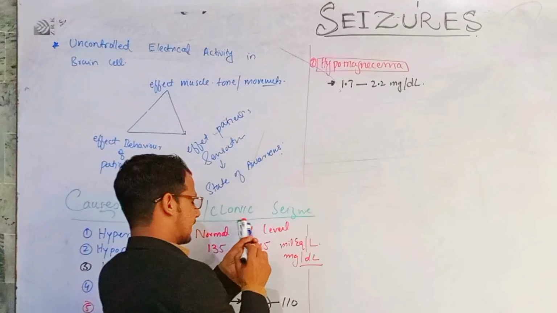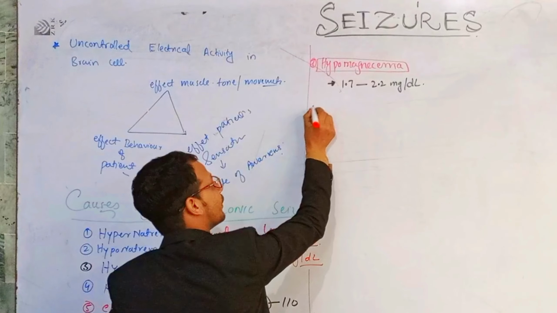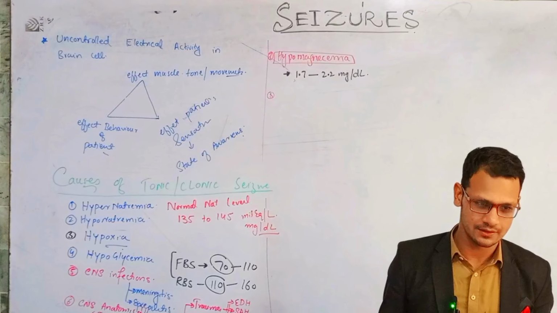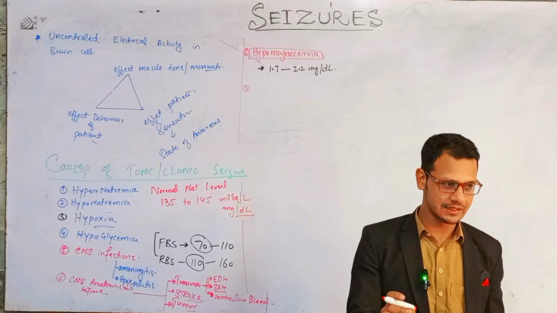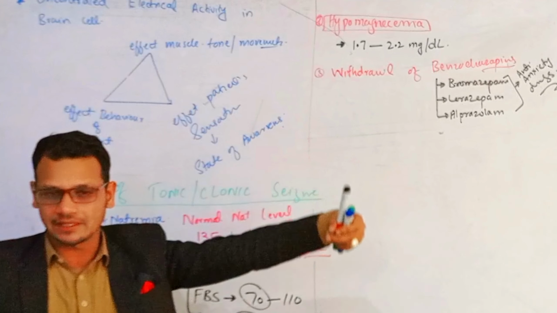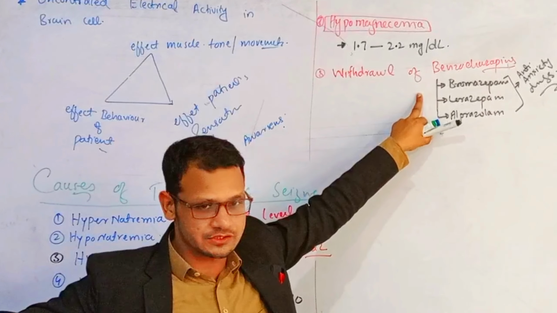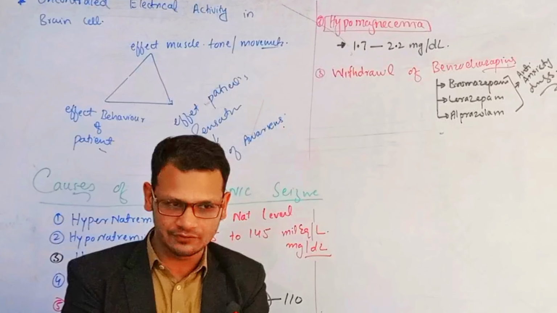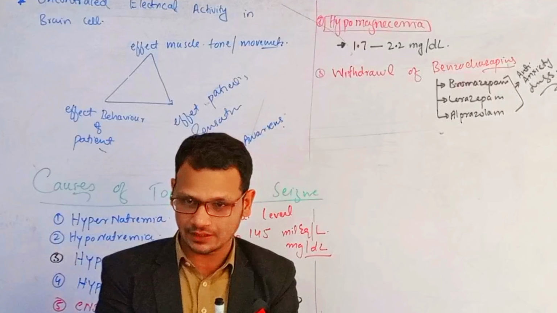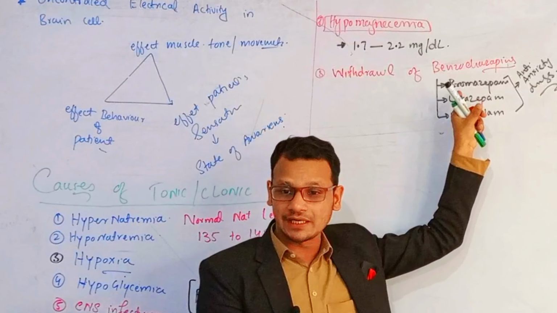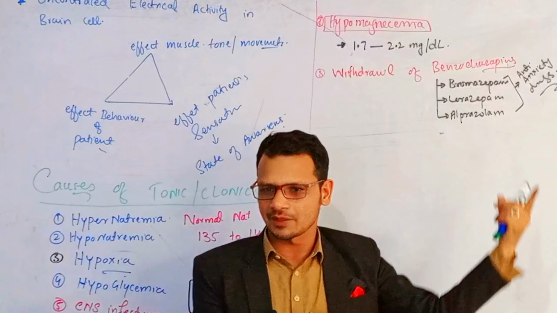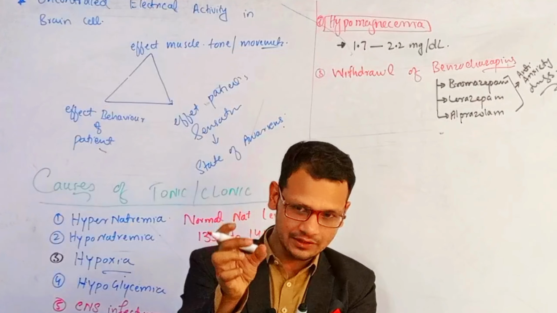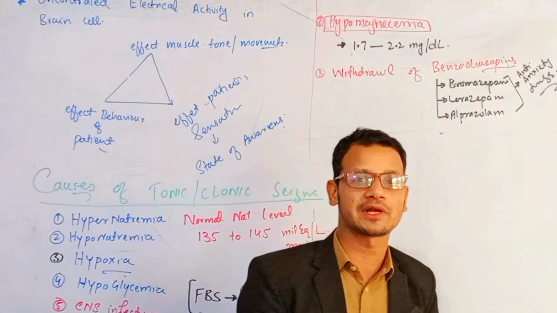The next cause is when you withdraw the patient directly from barbiturates or other medicines. For example, if a patient is using benzodiazepines, bromazepam, lorazepam, alprazolam, etc., and you directly withdraw these medicines, the brain activity is addicted to them, and when you stop directly, the brain activity will reduce directly. This is like hypertension.